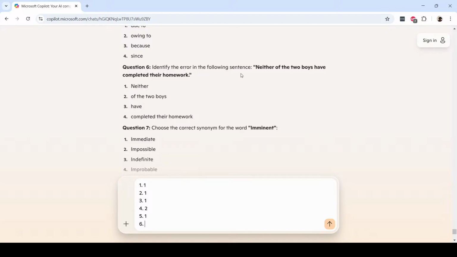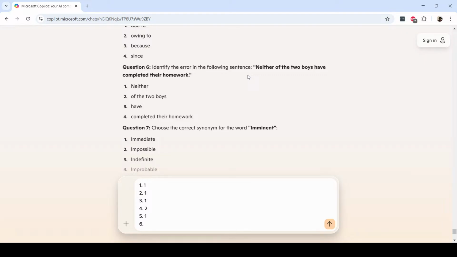Error in the following sentence: neither of the two boys have completed their homework. Okay, so here, neither and nor are used together, right?